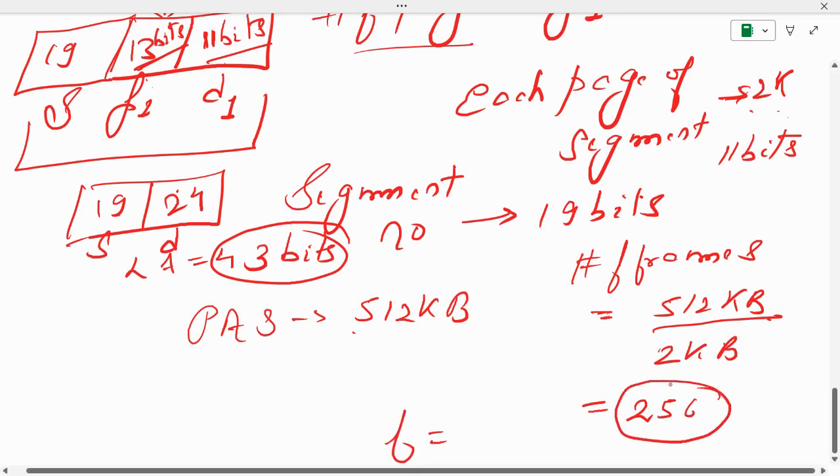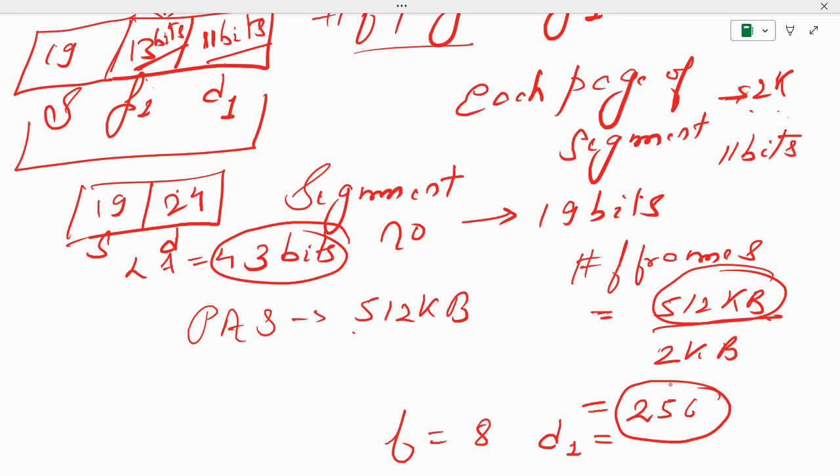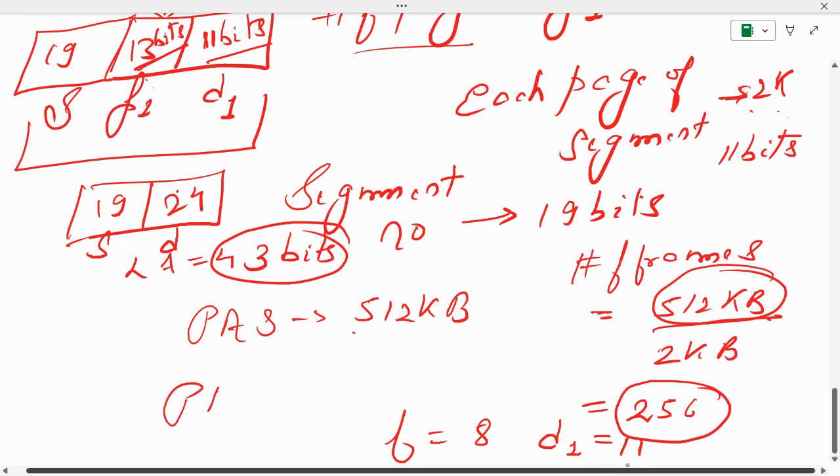So F becomes 8, and D1 is nothing but the page size, that is 11 bits, or the frame size. So we have PA equal to F plus D1, and that is equal to 19 bits, right? So we have PA equal to 19 bits.